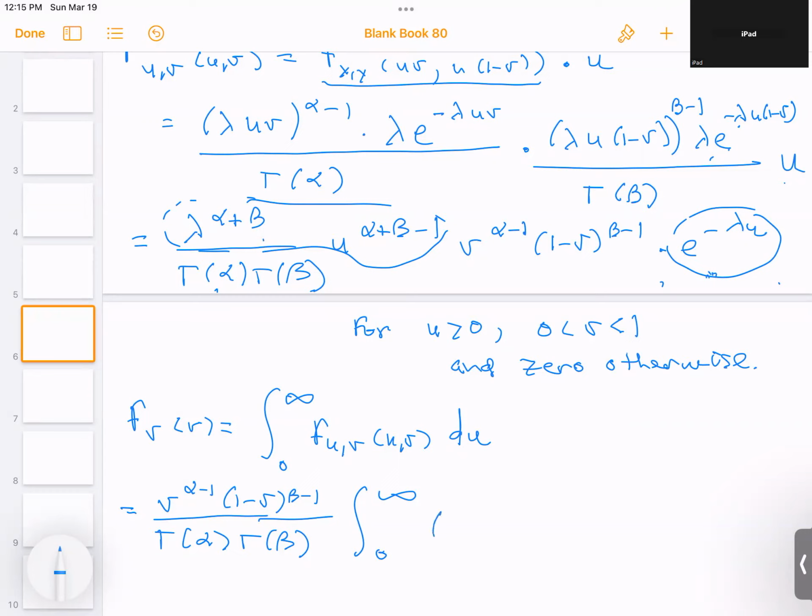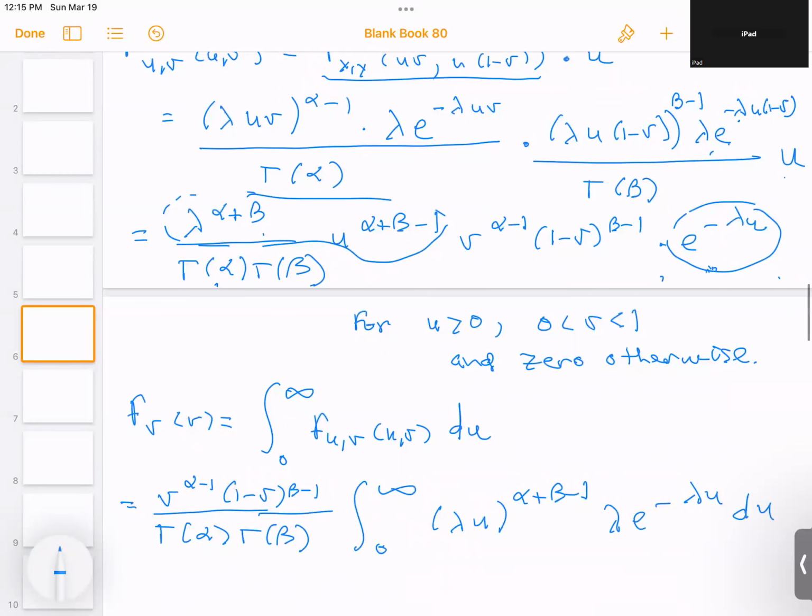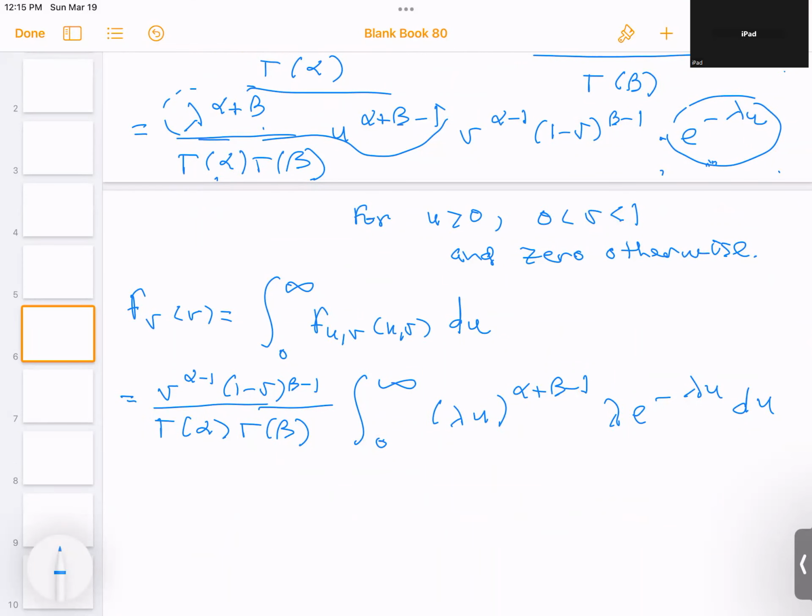So I can write this lambda u to the alpha plus beta minus 1, and then lambda e to the minus lambda u du. And this you recognize is just the gamma function, right? This is gamma of alpha plus beta.